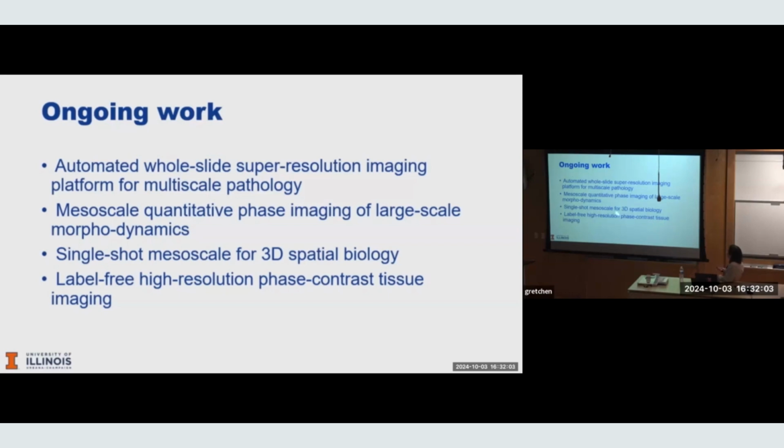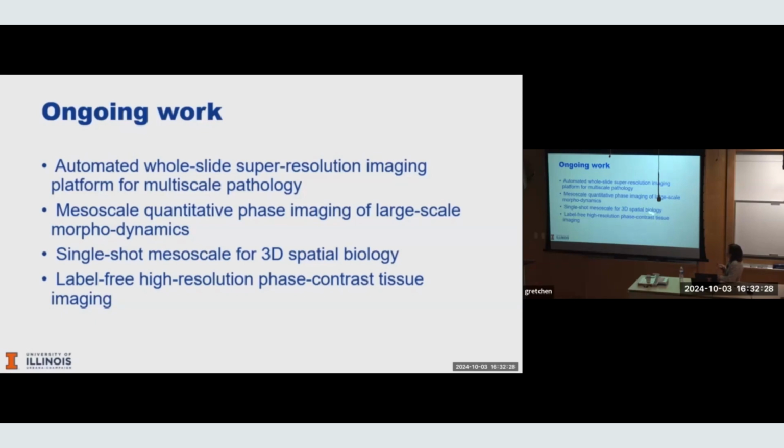And in lots of the ongoing studies, we want to expand using this mesoscale phase imaging platform to look at how we can quantify the large scale dynamics of cell morphology in the drug screening context, how that assesses the drug response. And then again, leveraging the throughput from the mesoscope for 3D spatial biology.